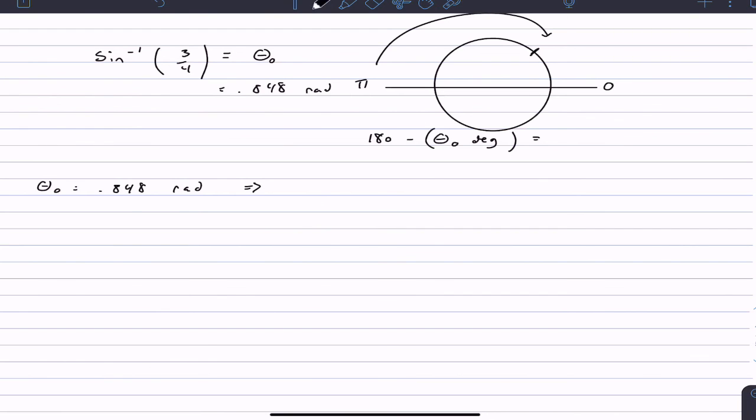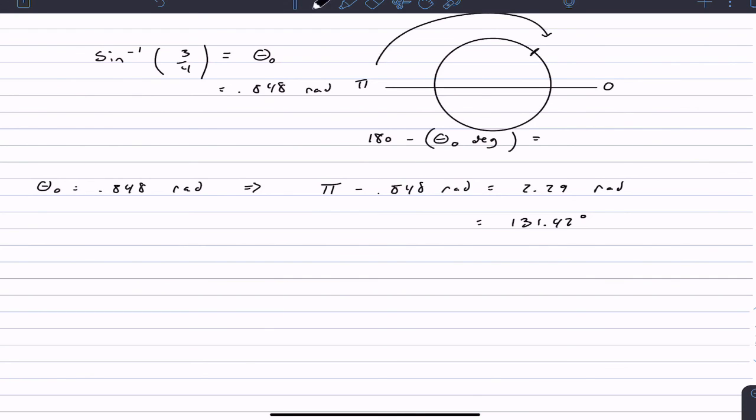Since I wrote this in degrees, let's just write it out. This is going to be pi radians minus 0.848 radians. That gives us a value of 2.29 radians. And then we convert that to degrees. That gives us a value of 131.42 degrees.